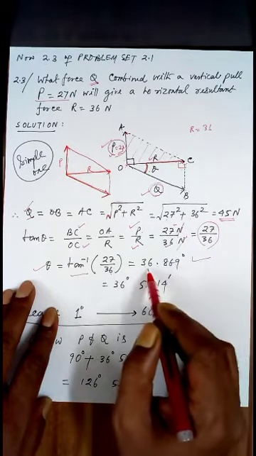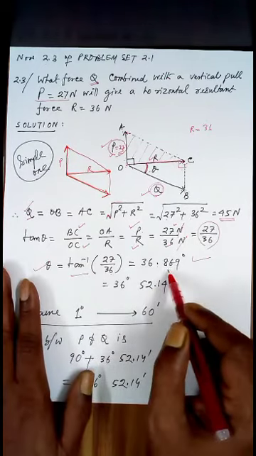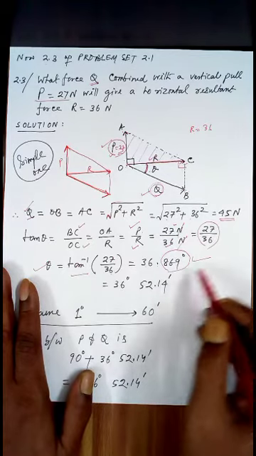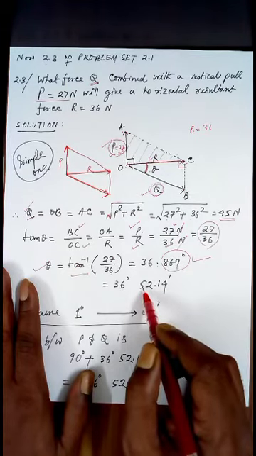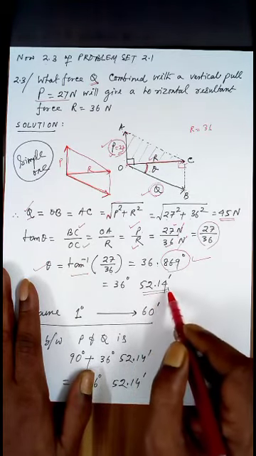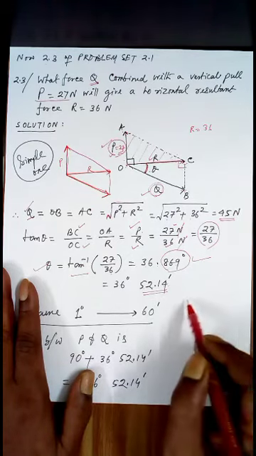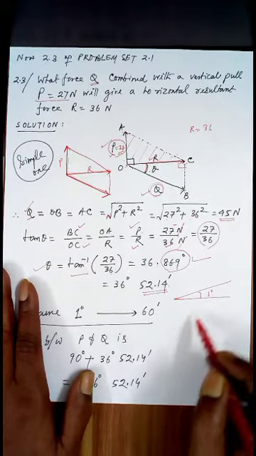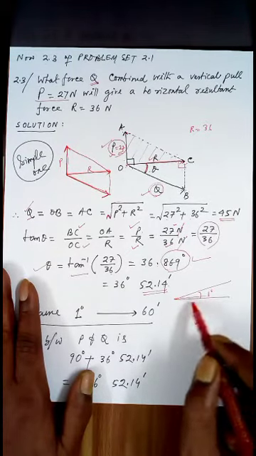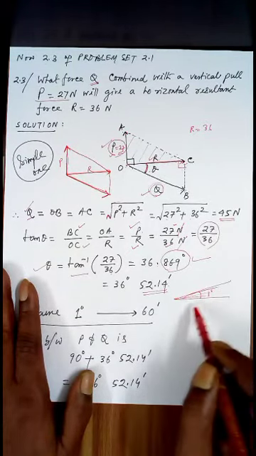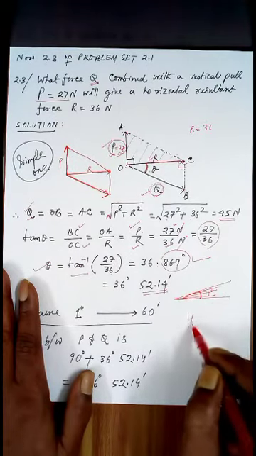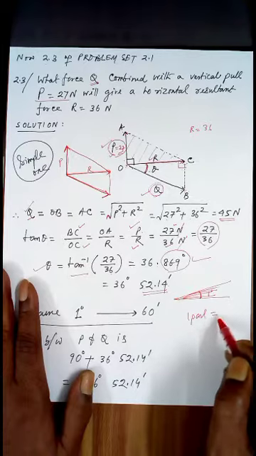Then convert this to minutes. Using a calculator, this comes out to be 52.14 minute. Now what is a minute? Now look, suppose this is 1 degree. You divide this angle into 60 equal parts. Then one part is called 1 minute of arc.